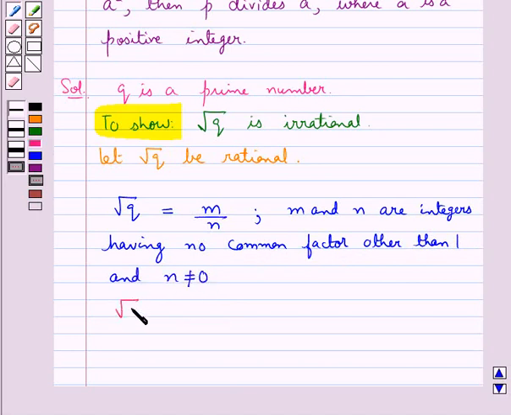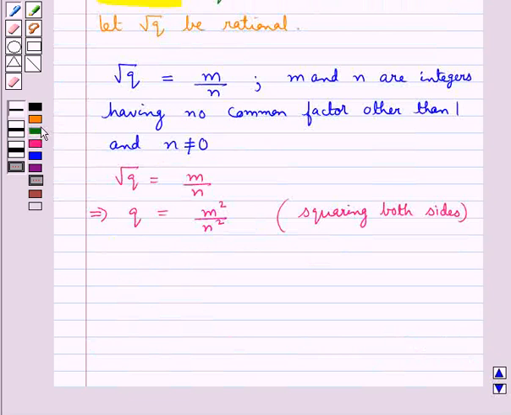Now that we have square root q is equal to m upon n, so this means that q is equal to m square upon n square. We got this on squaring both sides. So this further gives us q into n square is equal to m square.